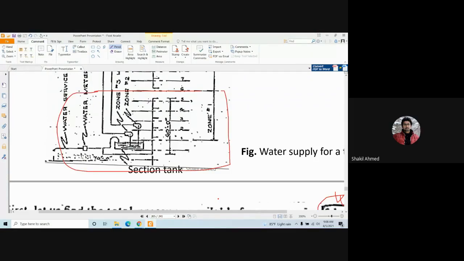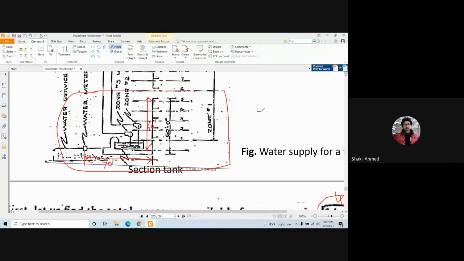Okay, this is 60 feet and this is 70 feet, right?